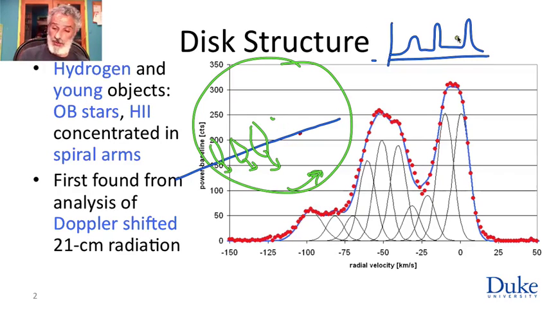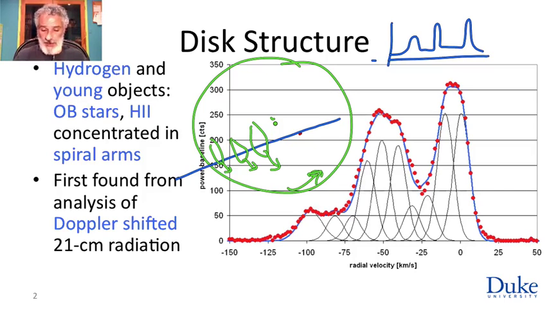By noticing the three discrete Doppler shifts, we can realize that there were three clouds in the way, and by doing a tomographic analysis as we sweep the direction in which we are looking, we can follow these clouds and reconstruct the structure of the disk.